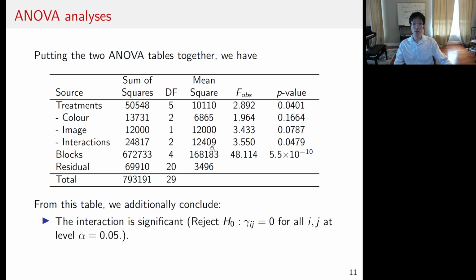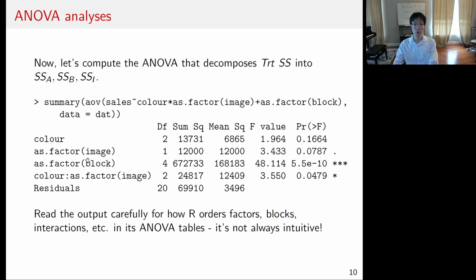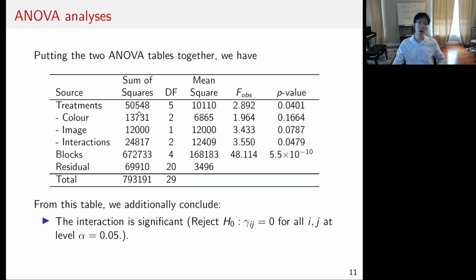Okay, and so this slide just kind of combines the 2 tables together. In R, we would construct them separately. So basically the treatment 50,000 comes from the ANOVA table with all the treatments combined, and then if we stack it together with this ANOVA table with the factors and interaction, then we can see clearly that the 50,000 from the first ANOVA table is equal to the 3 sum of squares from the factor A, factor B, and the interaction added together.